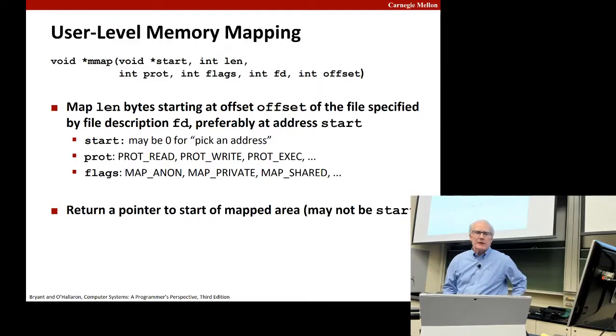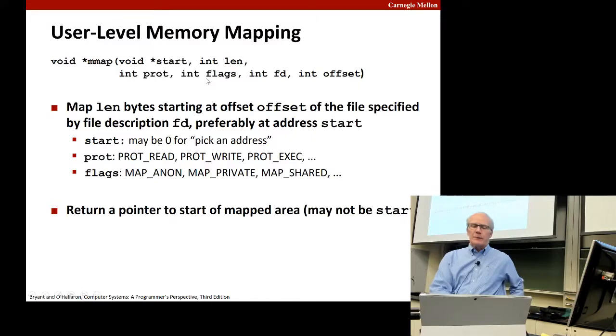So the idea of mmap is that you give it a proposed starting address, which you can just set to 0 if you're going to let the operating system figure out where in the virtual address space to put it. How big is this region? It doesn't have to be a multiple of the page size. Then various flags that set information about the protection on this, and what type of mapping it is.